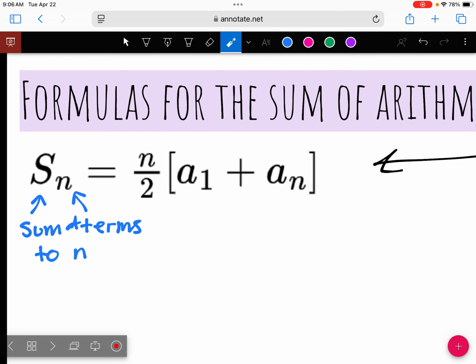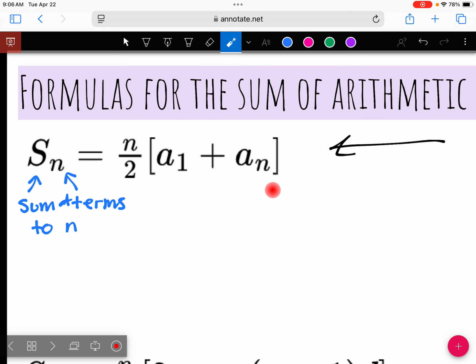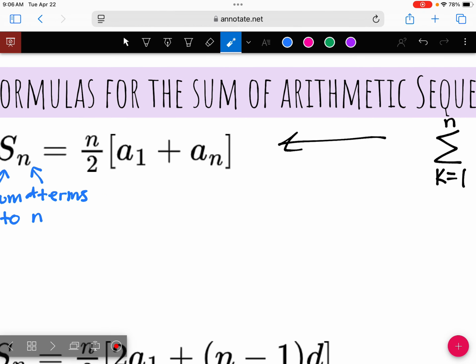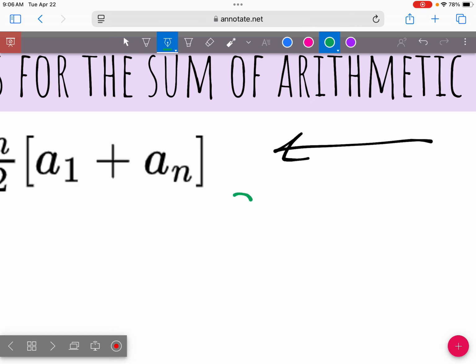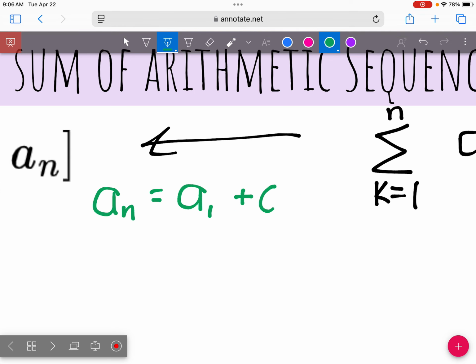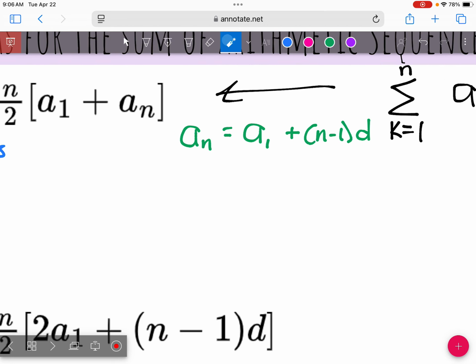And you don't have to memorize both of these equations. If we know this one, and we remember the a sub n formula we were working with the other day, where a sub n equals a1 plus n minus 1 times the common difference, and we substitute it here, we 100% get to this equation down here.